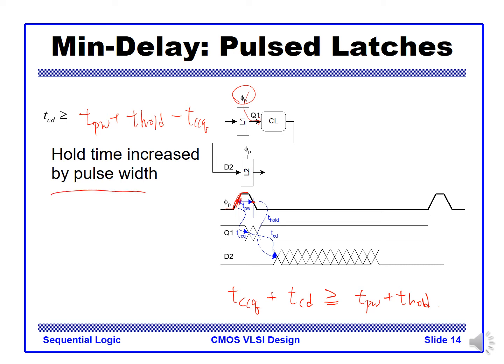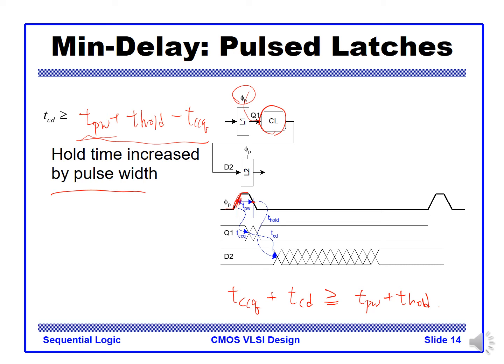So if we have a larger pulse width, the minimum delay becomes larger. So we need certain more delay on the combination logic there, right? So with a larger pulse width, it is difficult to meet the hold time, right?